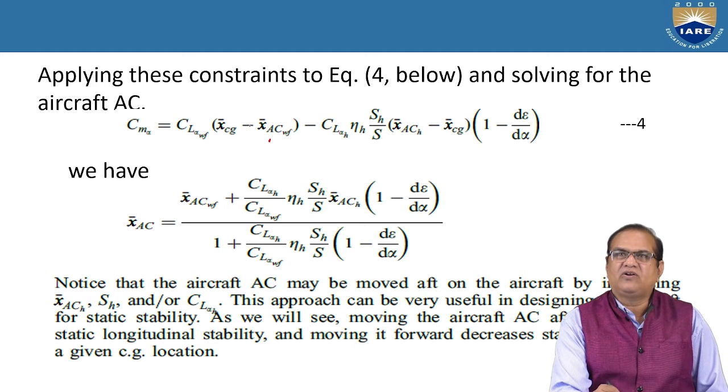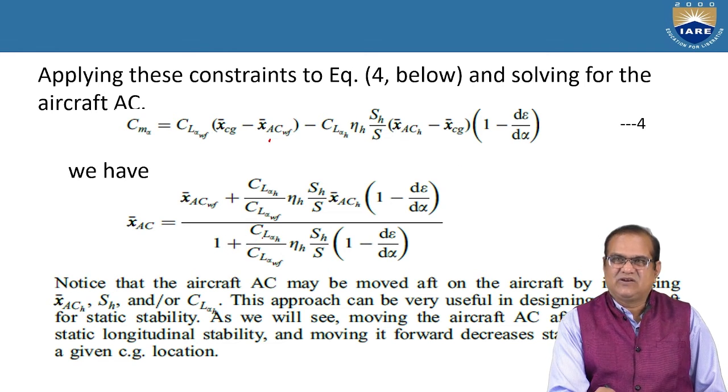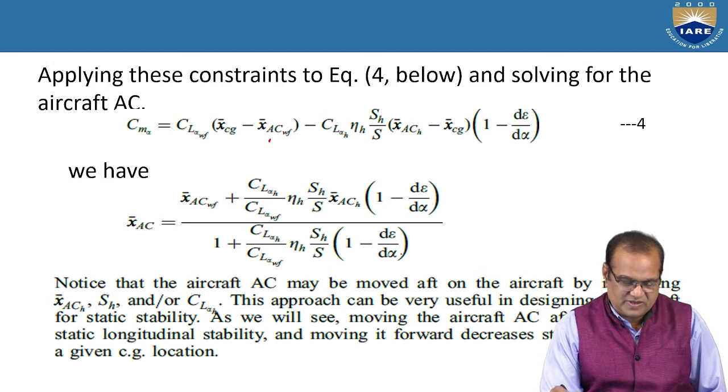So we want to plus CL alpha W, alpha H by CL alpha WF, eta H, SH, S, x bar AH, 1 minus d epsilon by d alpha, divided by 1 plus CL alpha H, CL alpha WF, eta H, SH by S, 1 minus d epsilon by d alpha.